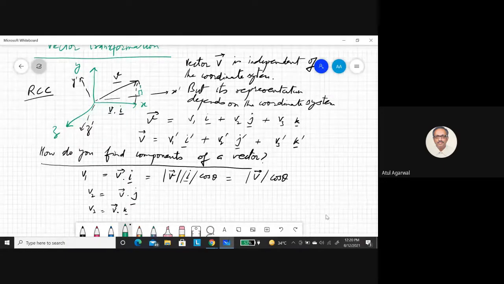This angle is 90 degrees. So what is your v1 prime? Vector v dot vector i prime.